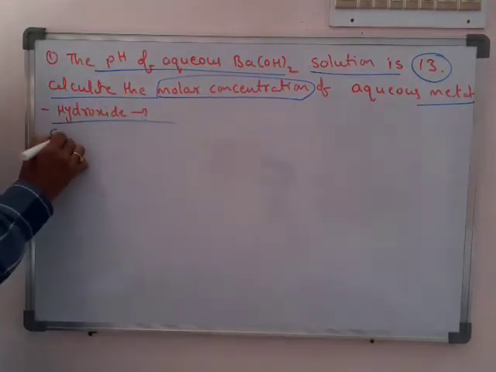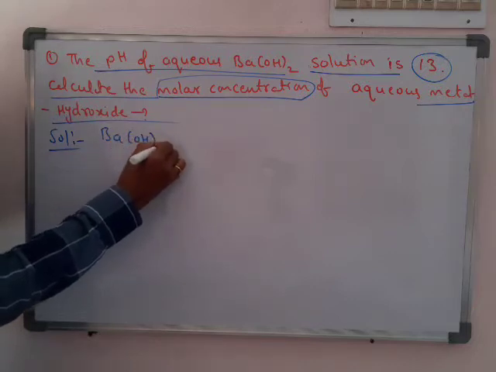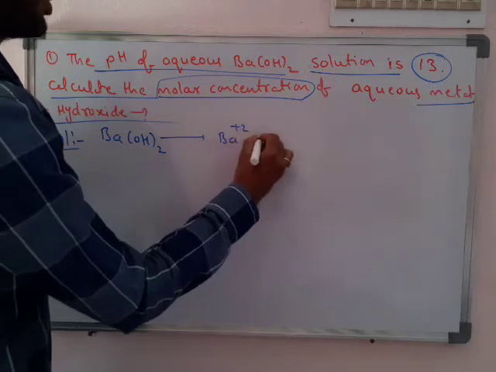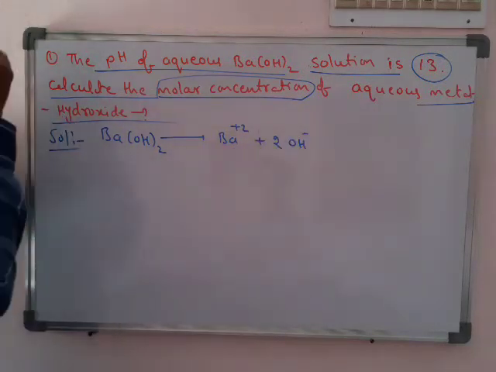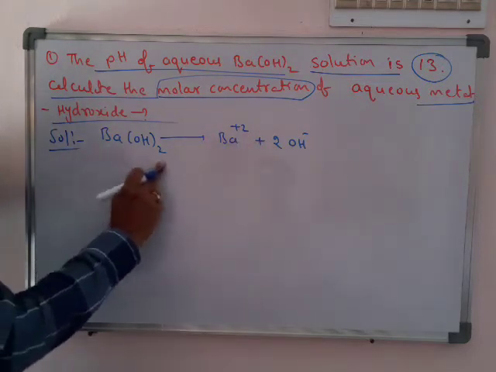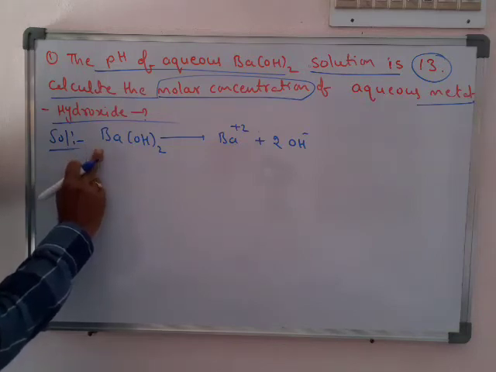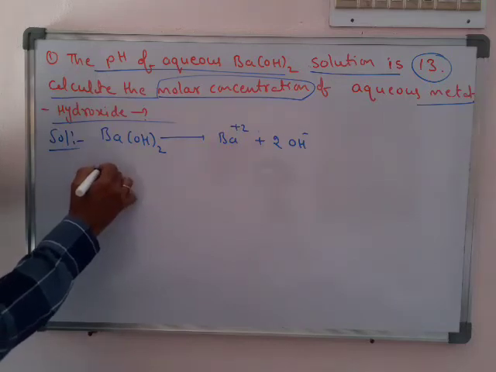Okay, first to see what is the difference in this problem. We know that barium hydroxide produces barium plus 2 and 2 moles of OH minus. Means what is the relation between the OH minus concentration and barium hydroxide concentration? 1 mole of barium hydroxide can produce 2 moles of hydroxyl concentration.